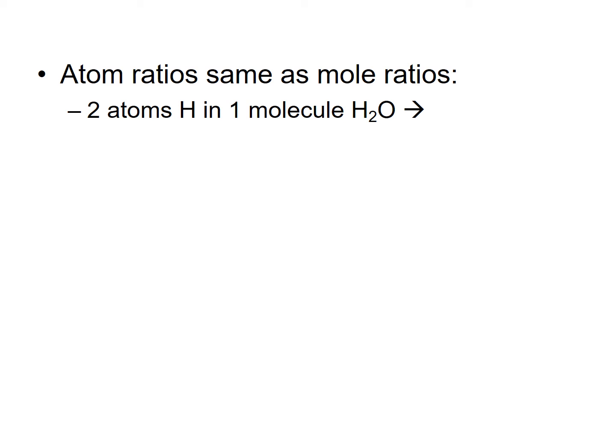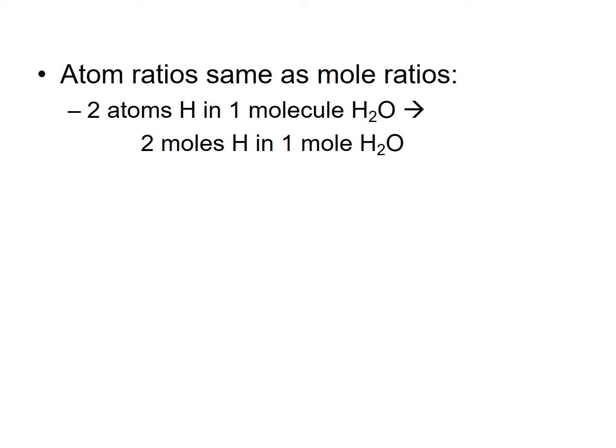I can carry that to Avogadro's number, and 2 atoms of hydrogen in 1 molecule of water implies that there are 2 moles of hydrogen atoms in 1 mole of water.